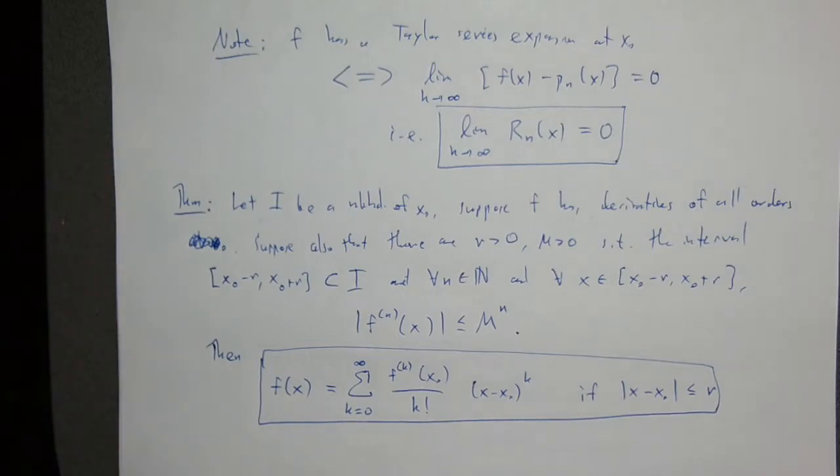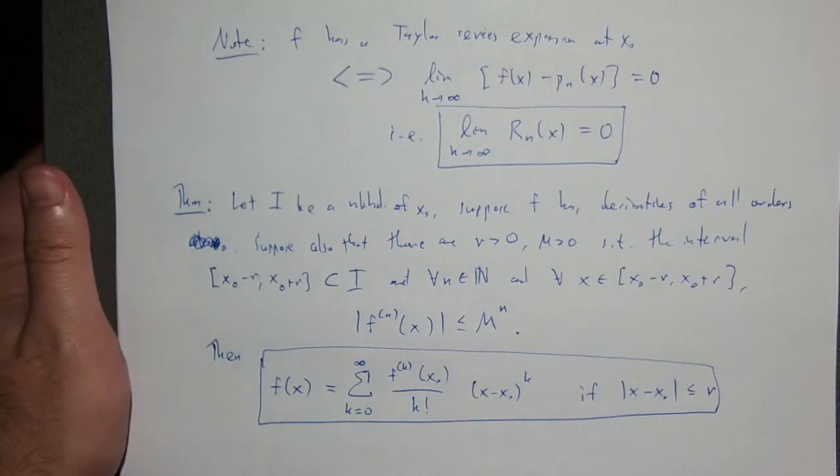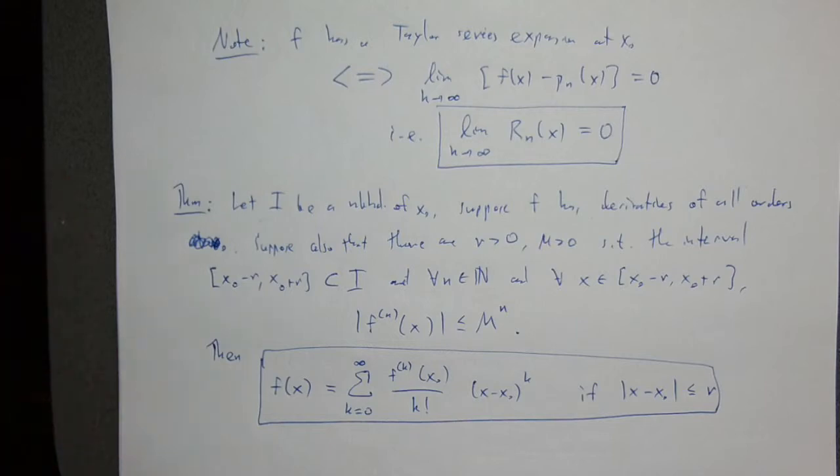This gives us a nice criterion for when a function is equal to its own Taylor series expansion in some window, in some ball, in some interval. And so this is the thing that tells you when a function has a Taylor series expansion about a point.